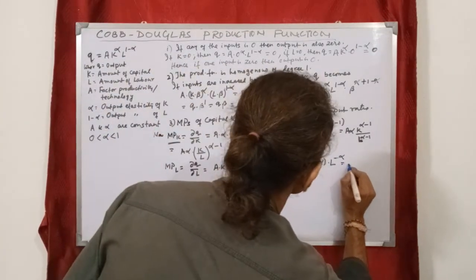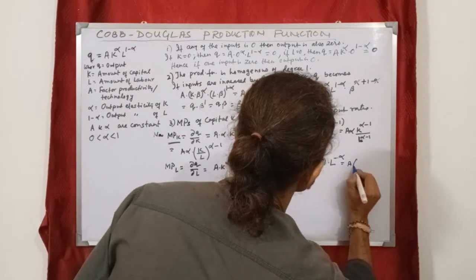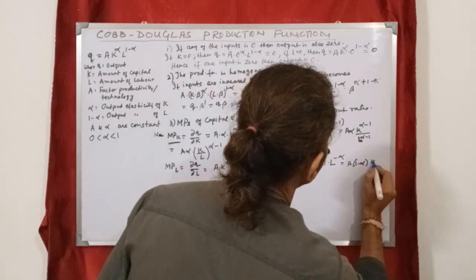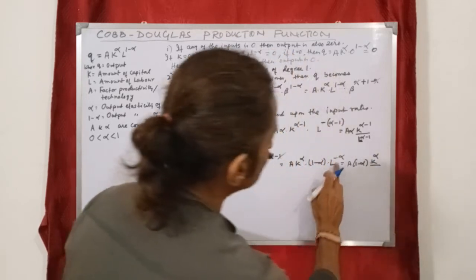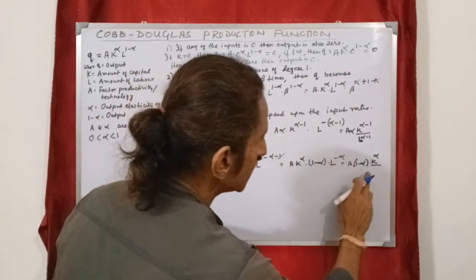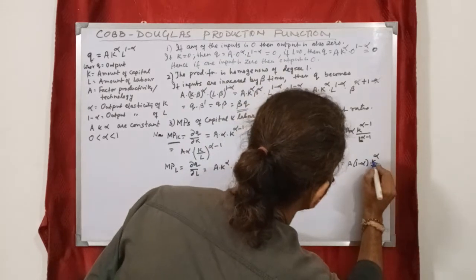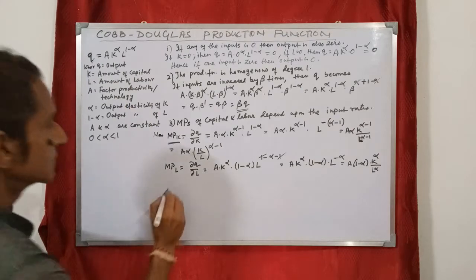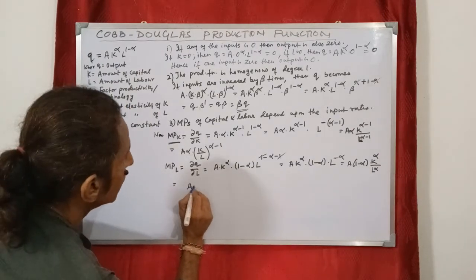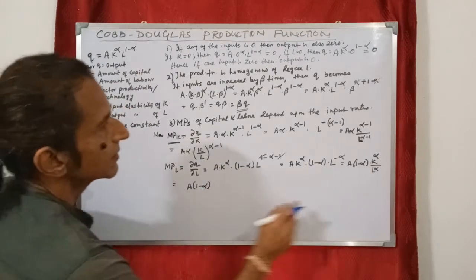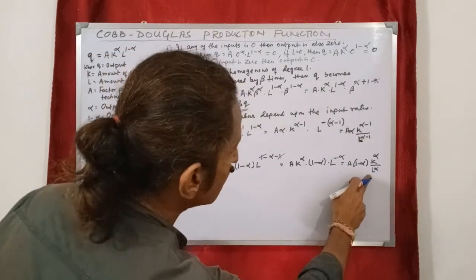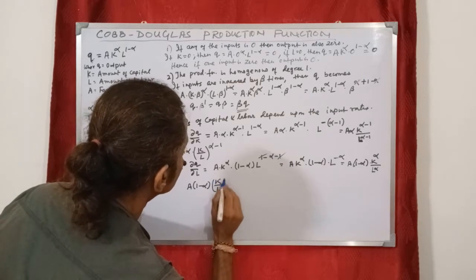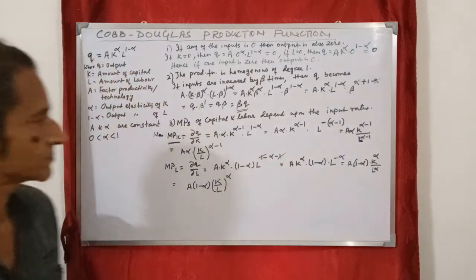This is equal to what? A into 1 minus alpha into K to the power alpha divided by L to the power minus alpha, means 1 by L to the power alpha. So this is K to the power alpha divided by L to the power alpha. So this is equal to A into 1 minus alpha. Now K to the power alpha divided by L to the power alpha is equal to K by L to the power alpha.